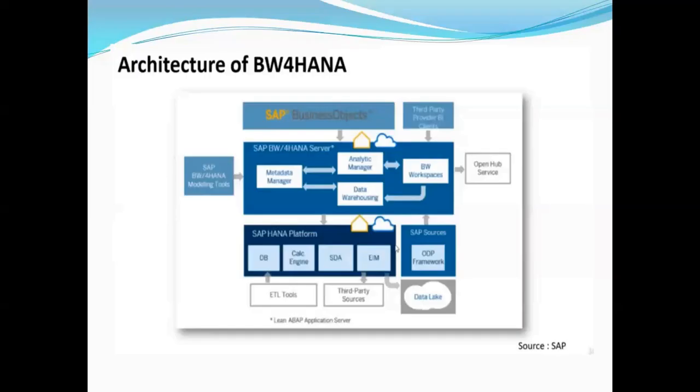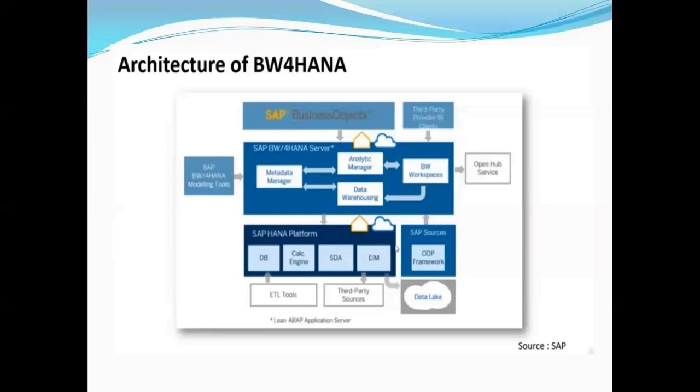Once you have designed and loaded the data into the BW for HANA data warehouse, we can generate a report using the available reporting tools. Examples here are Business Objects, SSC, or third party tools such as Power BI and Tableau.